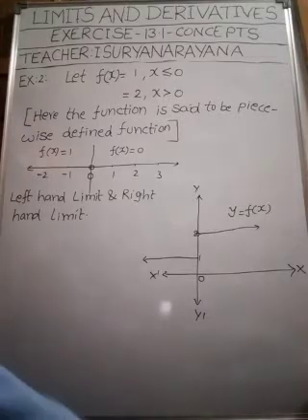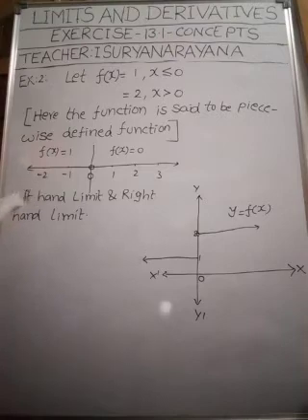Now come to the next example, my children. See here, in the previous examples the value which the function assumed at x is equal to a did not really depend on how x was tending to a.